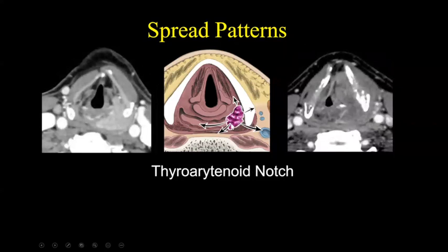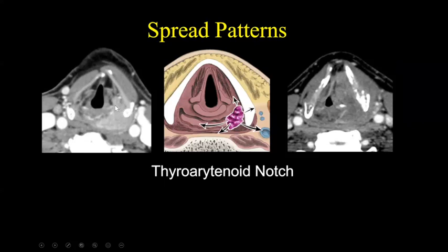The next area that we need to see is whether or not there's involvement in this area called the thyroarytenoid notch. So if you look at the anatomy of the hypopharynx, we can see that the posterior pharyngeal wall here attaches to the posterior lateral aspect of the thyroid cartilage. This acts as a natural barrier from these tumors extending directly laterally, and as a result, it redirects these tumors anteriorly between the thyroid cartilage and the arytenoid cartilage in this space called the thyroarytenoid notch.